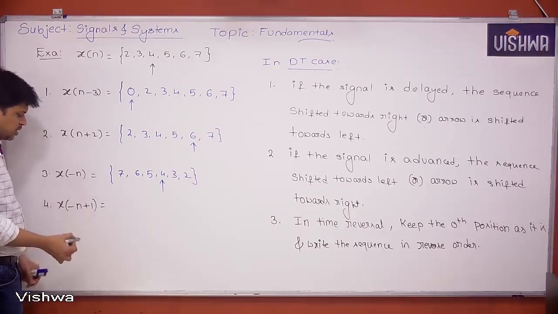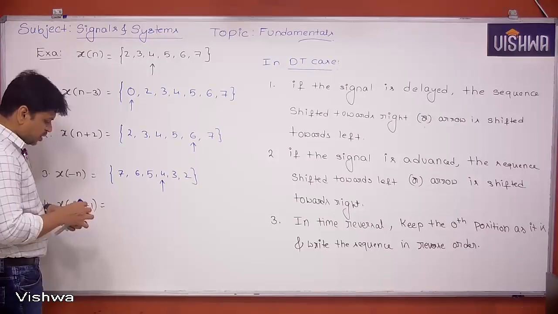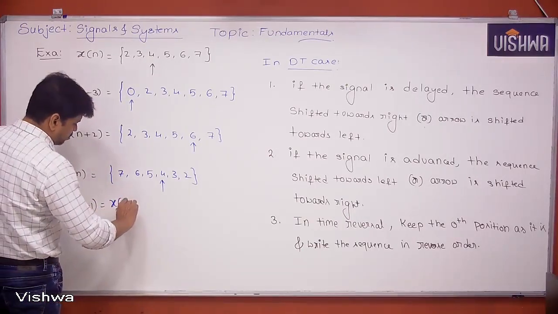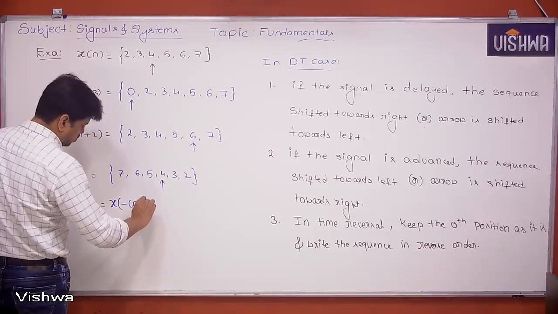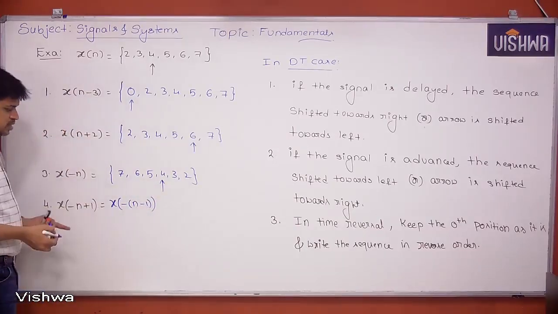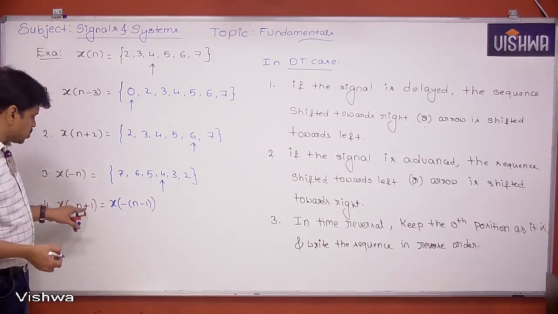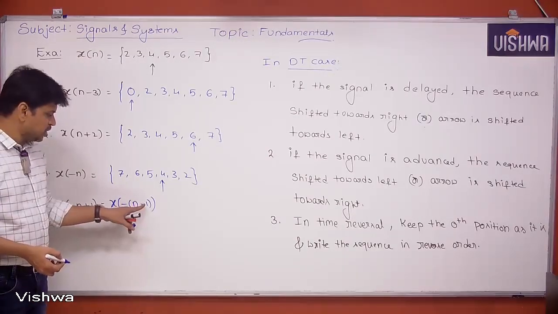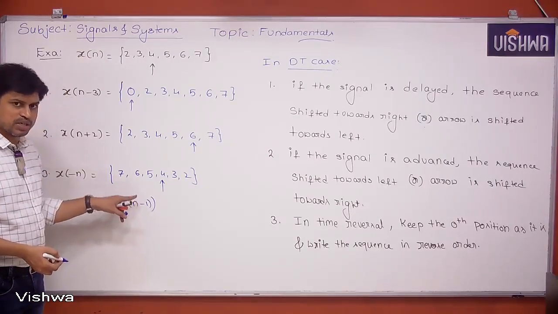Suppose I want to go in the unnatural method, I told you first we have to rewrite this expression like this. x of, if I take minus common, n minus 1. So already we got minus n. Then what is the operation we have to do? It was looking like plus here, but after taking minus common, it is looking like minus. So we have to perform the delay operation.